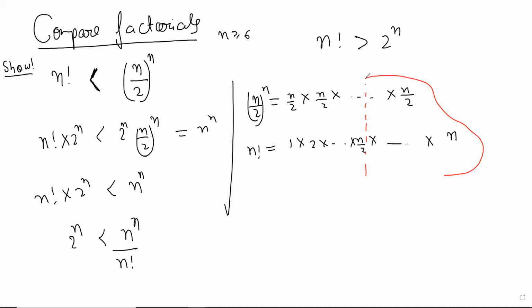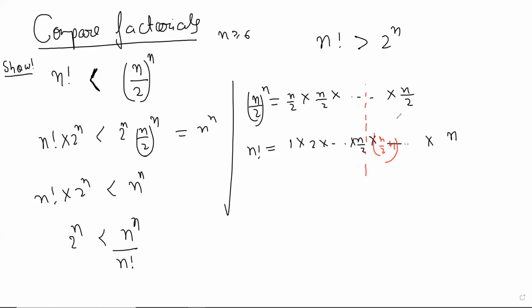After that, n factorial is winning, okay, because you get n by 2 plus 1, and so on. So it's not straightforward. So how can we still compare these two things?